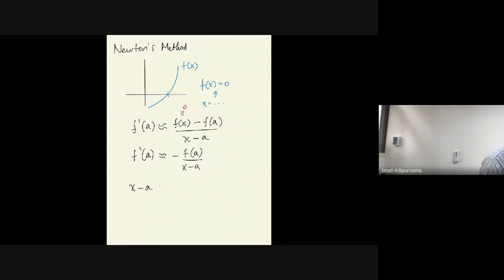And this is what we call Newton's method, or rewrite it like this: x equals a minus f(a) over f prime of a. Usually in your textbook, the x is x1 and a will be x0, but it's the same thing. Because in Newton's method, you can have x1, x2, x3. Let me show you how.